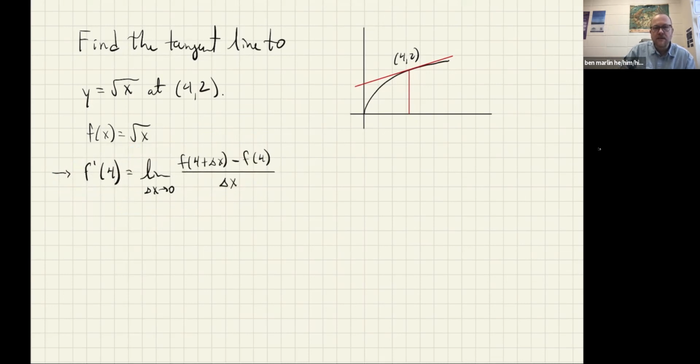If you would prefer instead to say f of x and take the limit as x goes to 4, we can do it that way as well. It doesn't really make that much difference. So limit, delta x is going to 0.